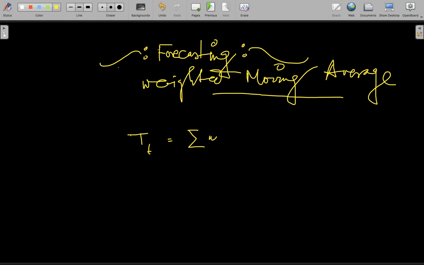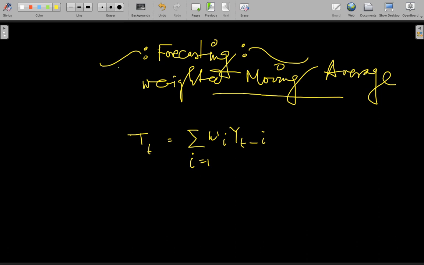There are different weights, W_i, and here I will have Y_(t-i), with i equal to 1 to m.